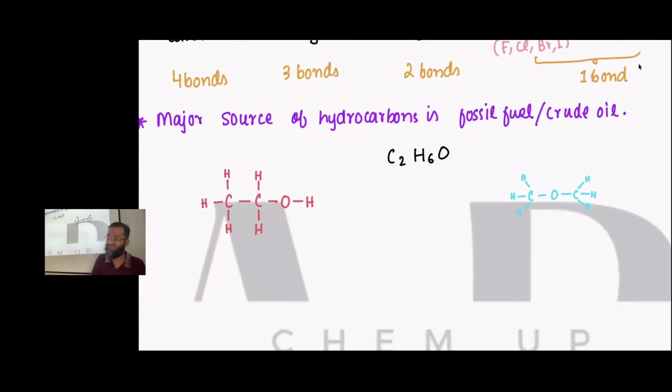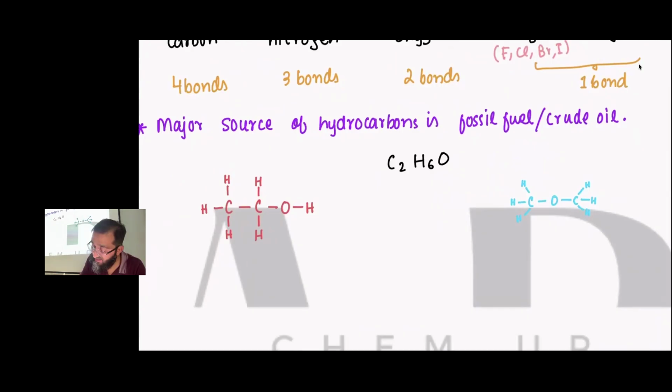If you see, they both have the same molecular formula, but their structural formula is different.